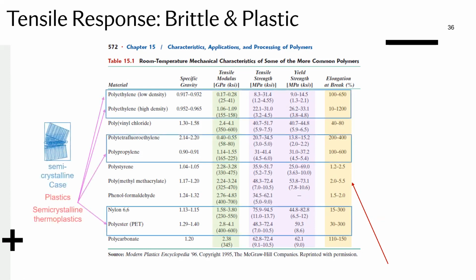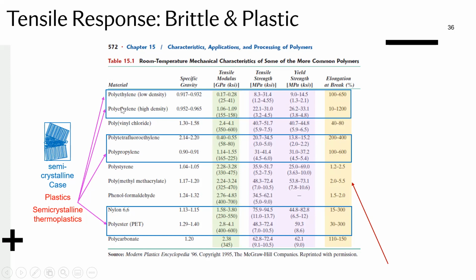So, okay, now we're going to talk about what these are. I already mentioned semi-crystalline polymers. Here are the examples out of this table that are semi-crystalline. These actually have sort of a plastic behavior.